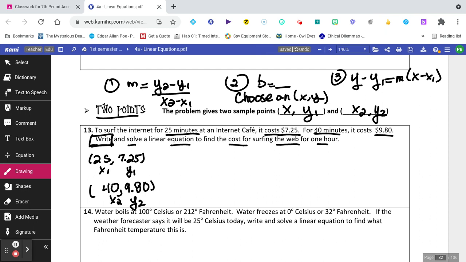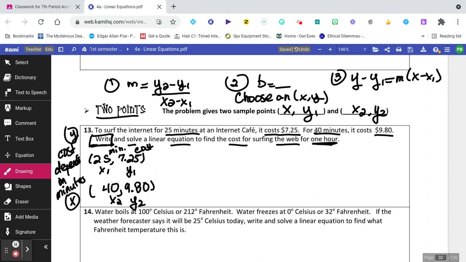25 refers to minutes, and 7.25 refers to cost. So remember, cost will depend on the number of minutes here. So I'll say cost is like your y, and minutes is like your x.